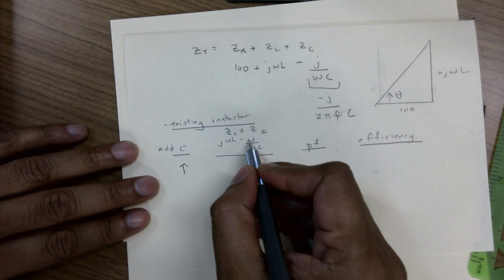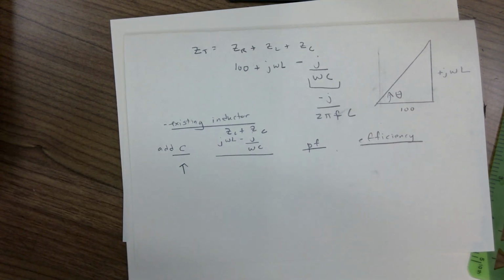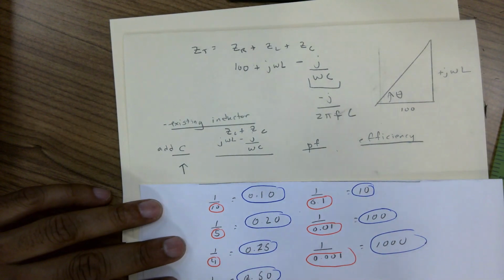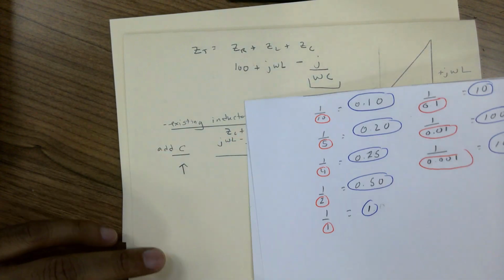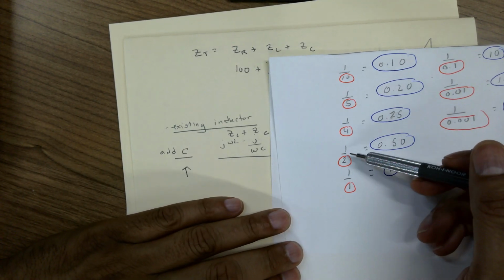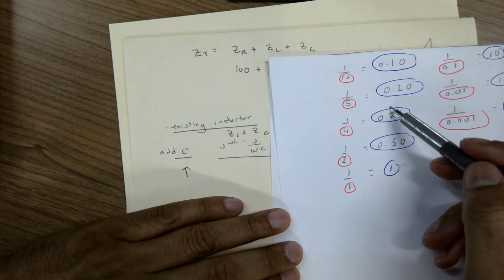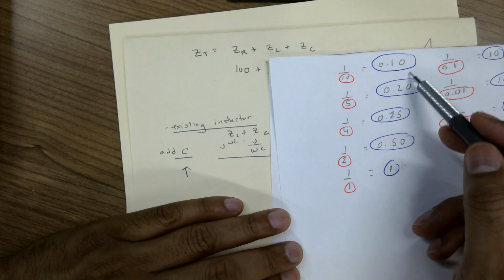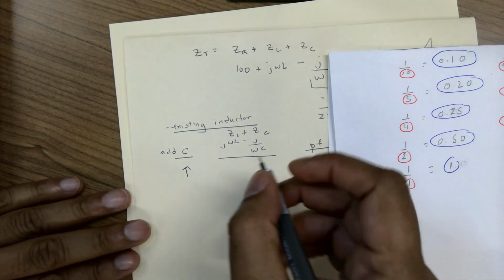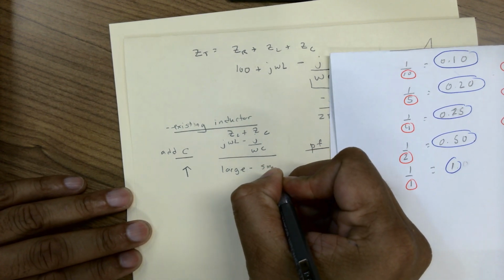If my capacitor goes up, that means my denominator is increasing. If my denominator increases, what happens to my numerator? It decreases, right? So my whole number here is decreasing.